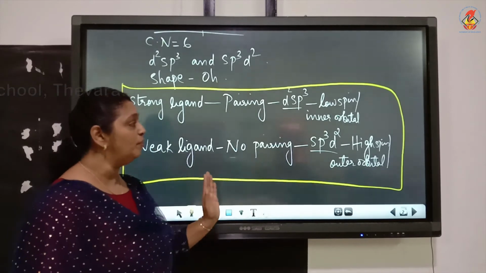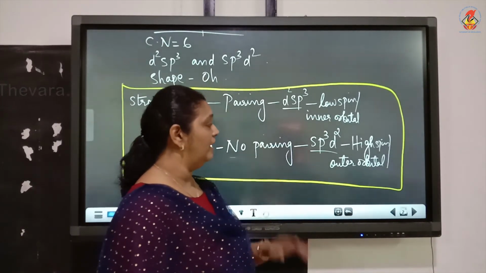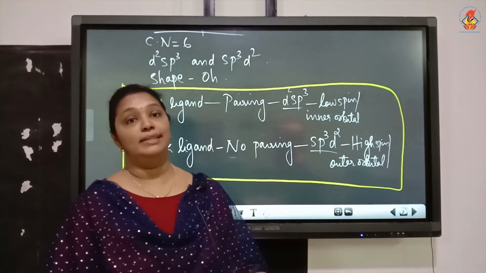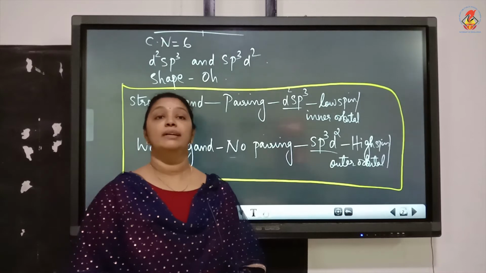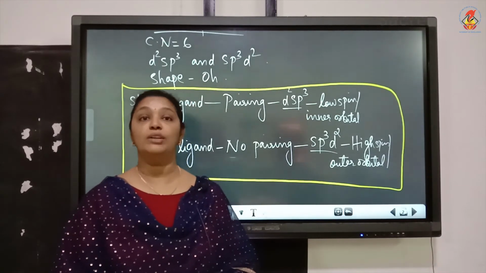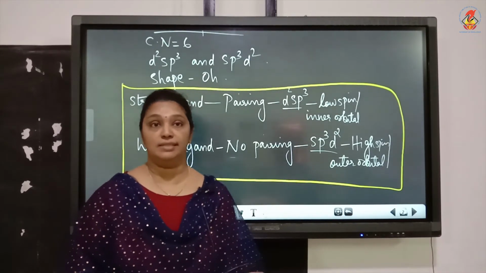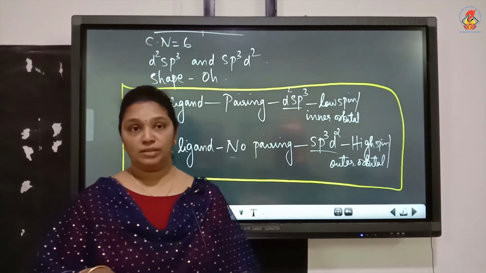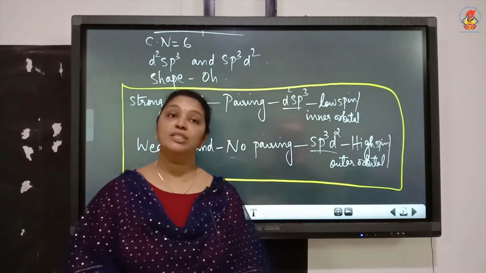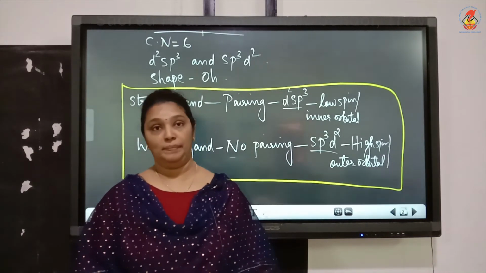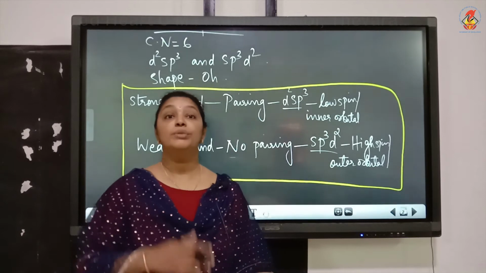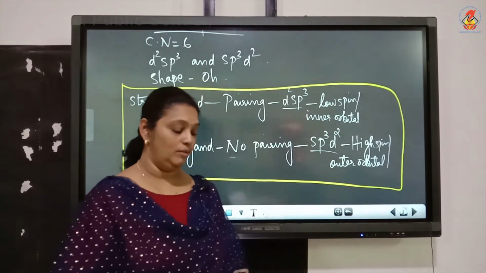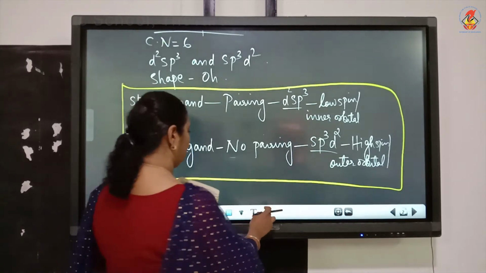Weak ligand: no pairing, sp3d2, and high spin or outer orbital complex is formed. Now let us see the examples for bonding in octahedral complexes. The usual question asked is: discuss the nature of bonding in this compound. One compound will be given, based on valence bond theory, and we have to show the bonding in the coordination compound. So we are going to see the examples.